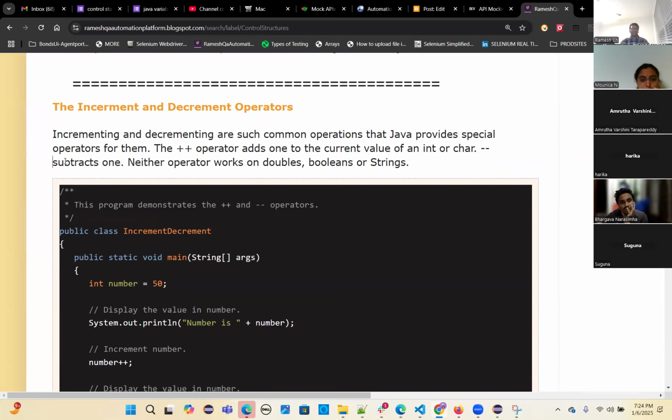Minus minus will subtract 1 from the current value. Neither operator works on doubles, booleans or strings. So you cannot use these operators on booleans, doubles and strings.